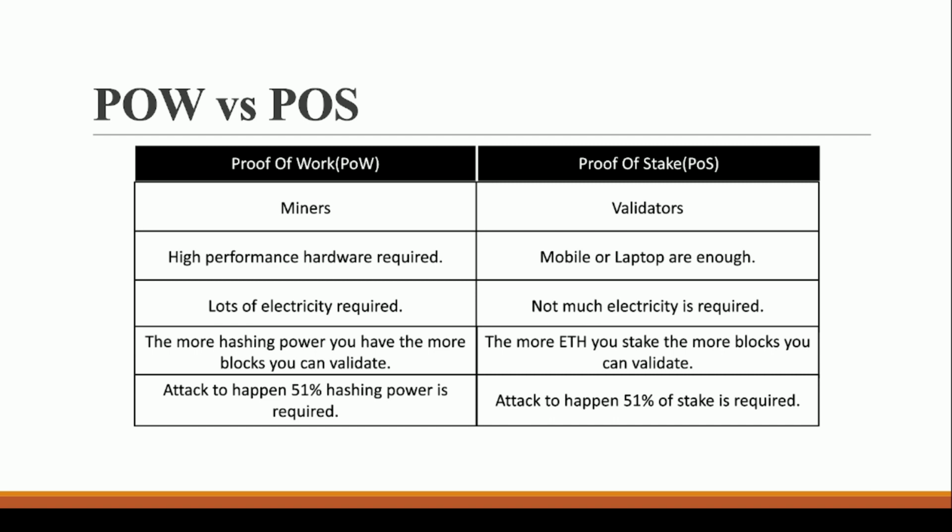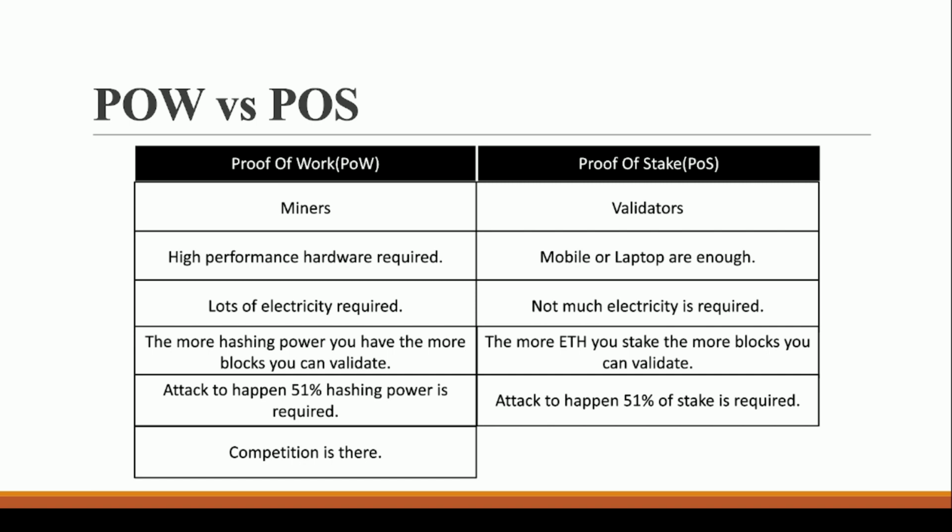But to stake 51% of the total Ethereum blockchain, say the number of validators is 1 lakh, and let's say each validator is only investing one ether, just an example, the total amount that you have to invest will be 51% of this 1 lakh ether. That is, I think, very high. So that's the case when it comes to proof of stake.